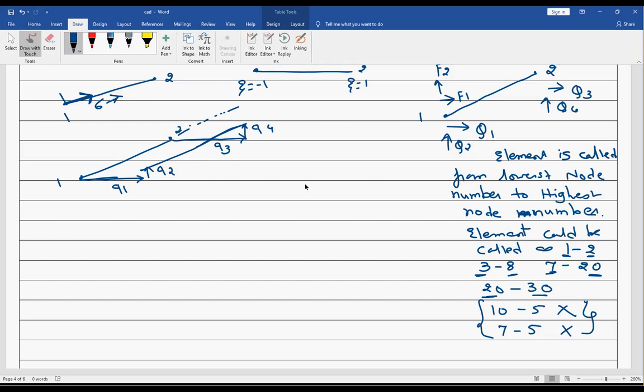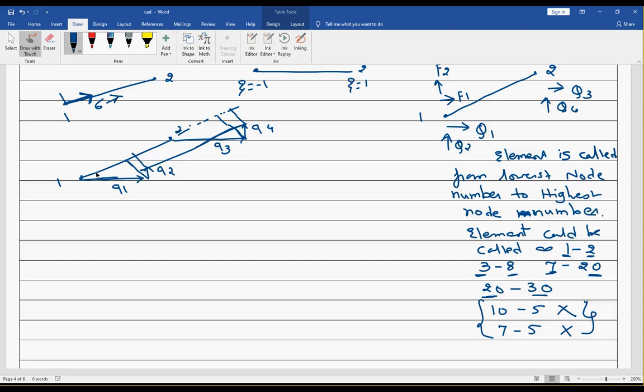Okay, so what it suggests is that basically I'll be having two projections in this way.